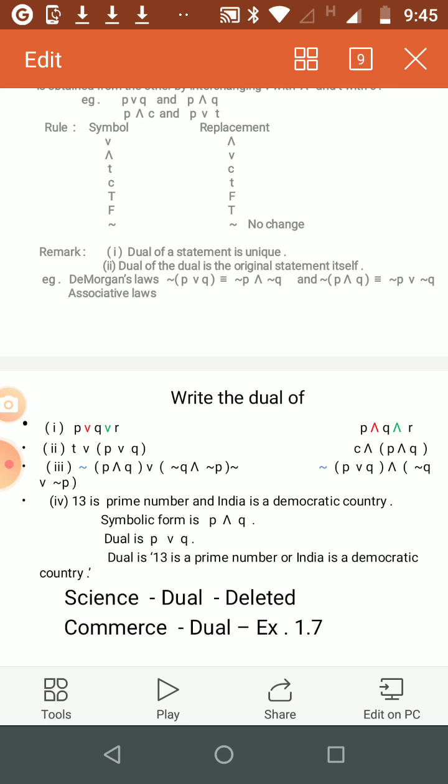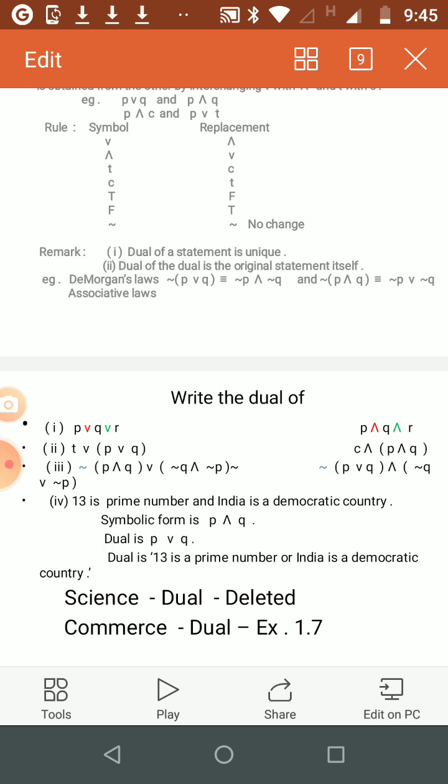Then in the next example, the given compound statement is written in its verbal form, and we have to find its dual. So first we write its symbolic form. Once we know the symbolic form, it is easy to write the dual. The simple sentences are connected by the conjunction and.